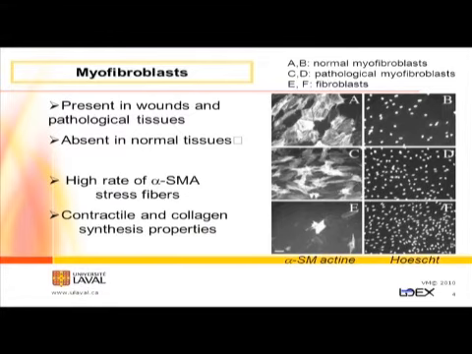Boris has made a very nice presentation on myofibroblasts, so I will skip quickly over this slide. The important thing to know is that myofibroblasts are usually not present in normal skin, but they appear during normal wound healing, and they are present in pathological tissue such as hypertrophic scarring.